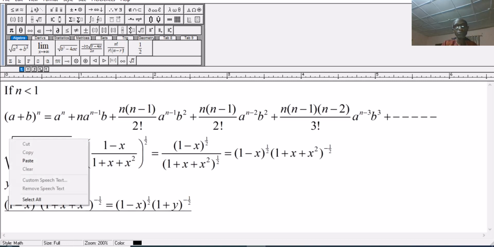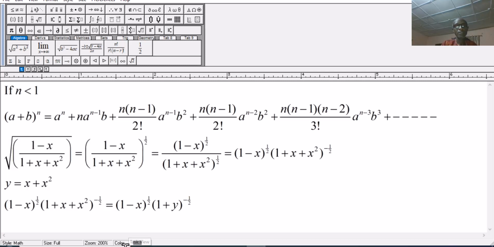So we can now start expanding this expression. We need to be very careful when we are doing binomial expansion, but for the sake of our class, I will try my best to expand.